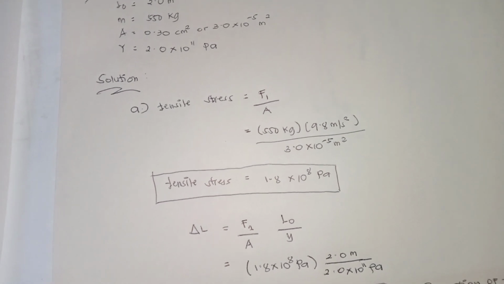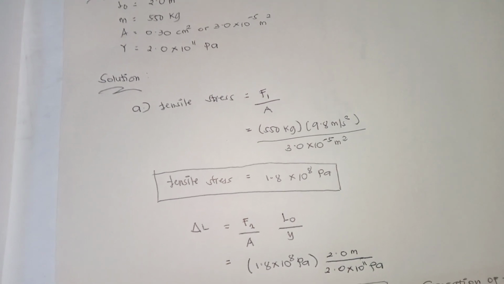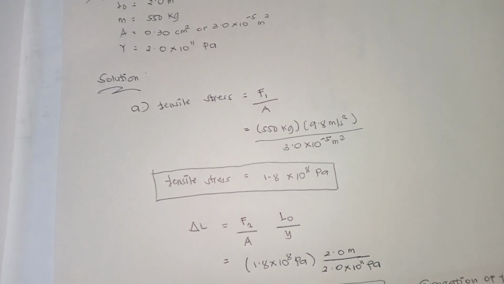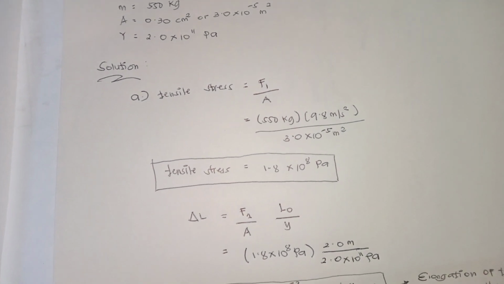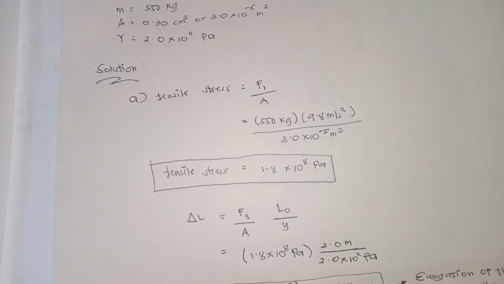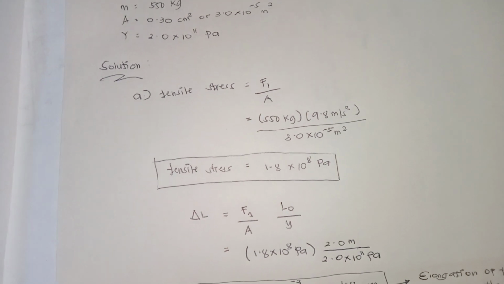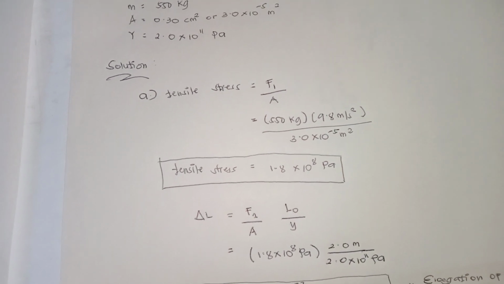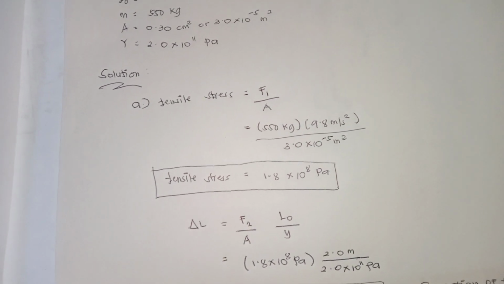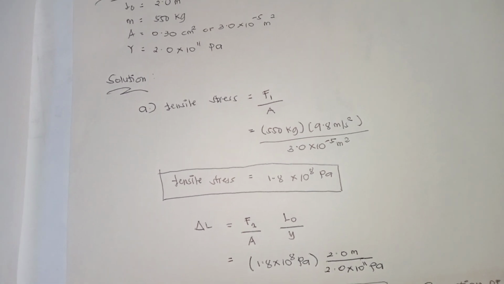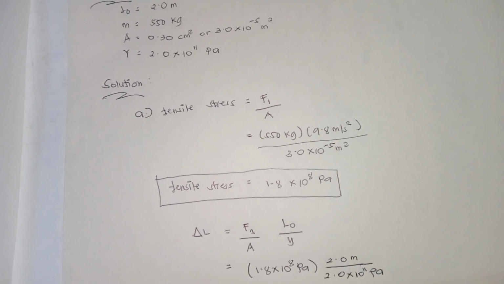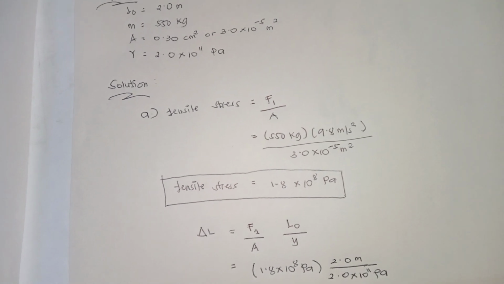So that is 550 kilograms times 9.8 meters per second squared, over 3.0 times 10 to the power of negative 5 square meters, which is our cross-sectional area.